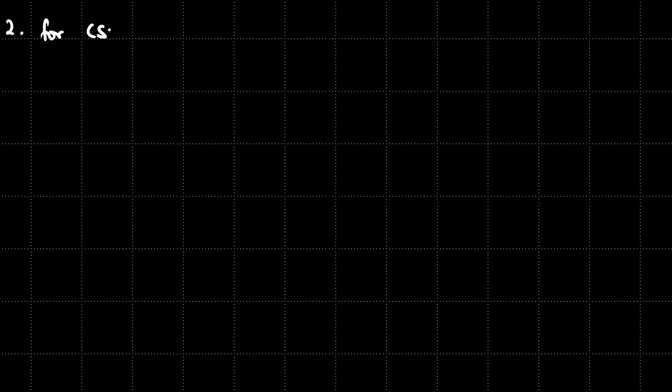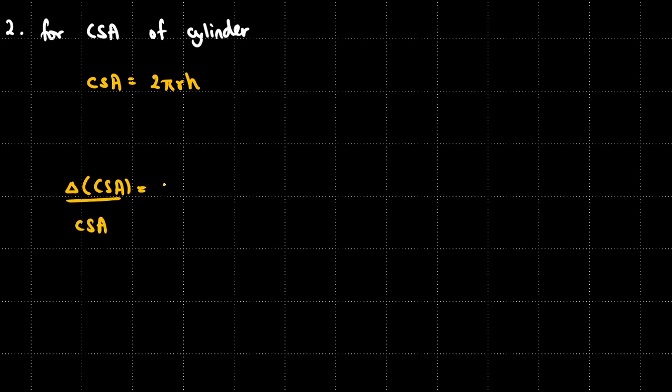For curved surface area of cylinder, curved surface area is represented by 2 pi r h. This is the formula. So the relative error is gonna be delta CSA by CSA equals, 2 and pi are constants, so no need to write for them, delta r by r, and for h, delta h by h.